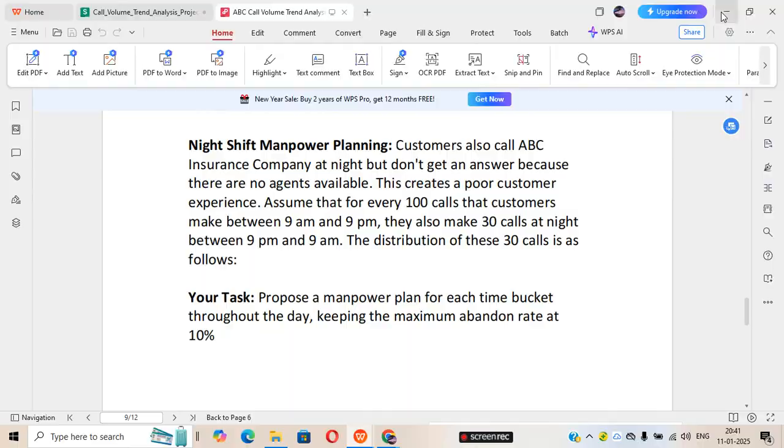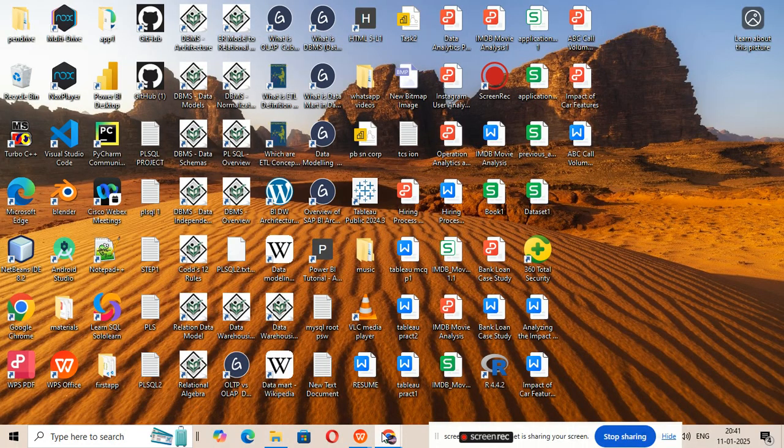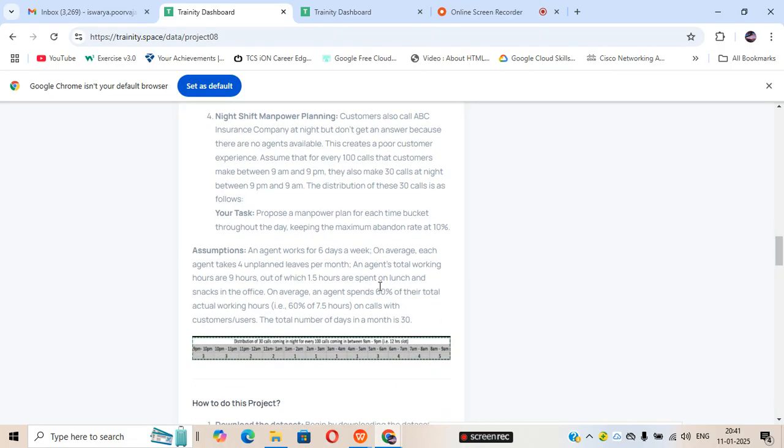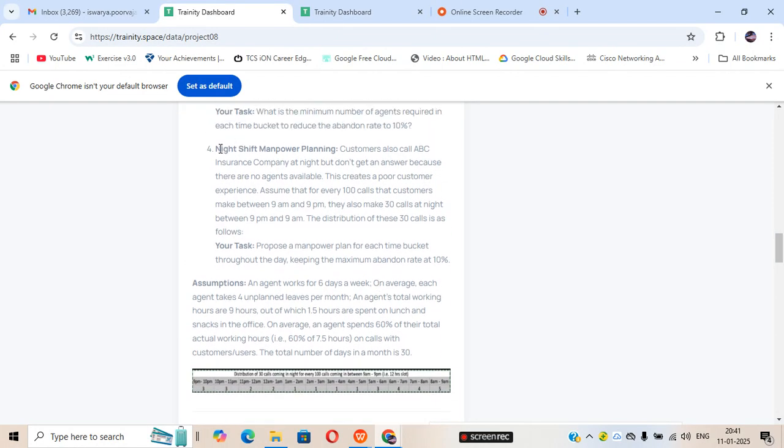And moving on to the last task, which is task 4. We have to calculate the night shift manpower planning. Customers also call ABC insurance company at night but don't get an answer because there are no agents available. This creates a poor customer experience.